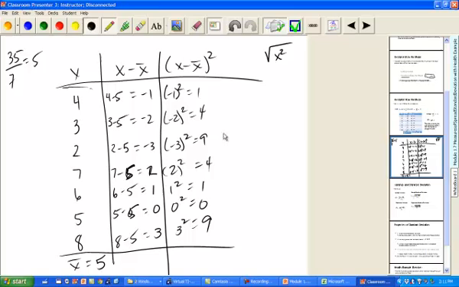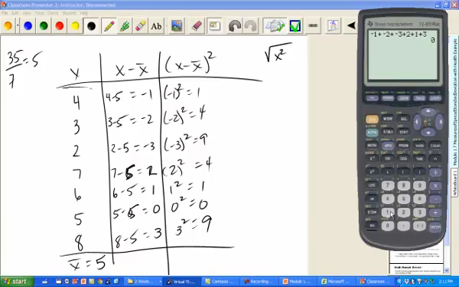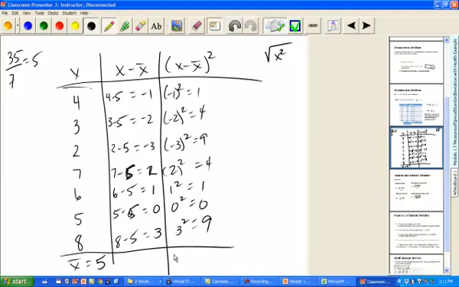So 1 plus 4 plus 9 plus 4 plus 1 plus 0 plus 9 gives us 28. The summation of (x minus x bar) squared is 28.